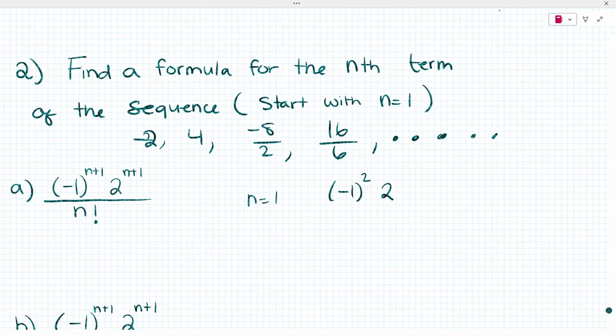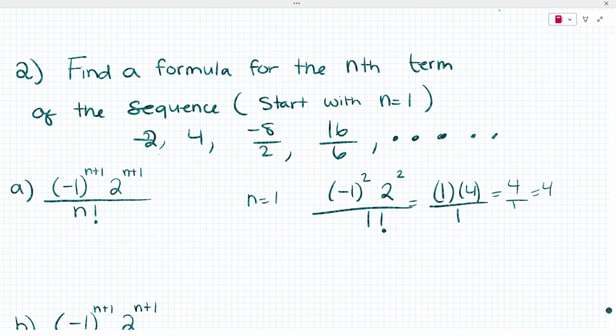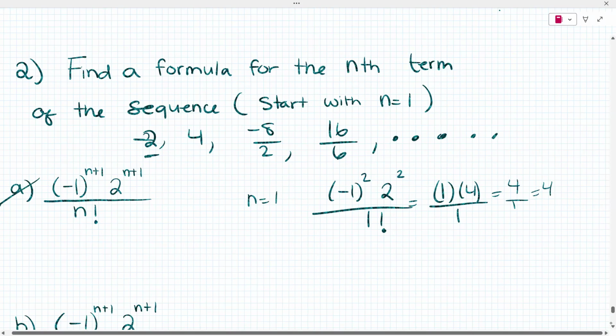Negative 1 squared is 1, 2 squared is 4, 1 factorial is 1, 1 times 4 is 4. That is not going to work, right? We want the first term to be -2. So I don't think it's A.